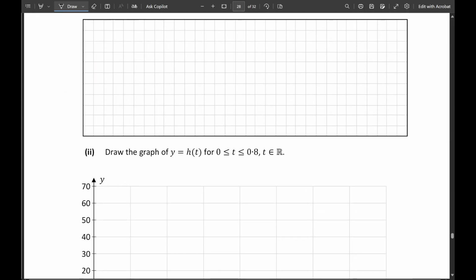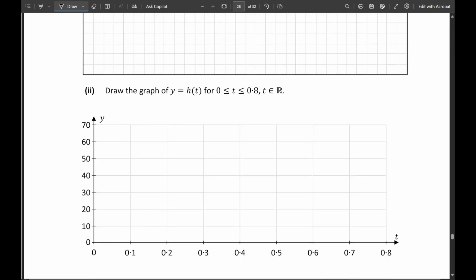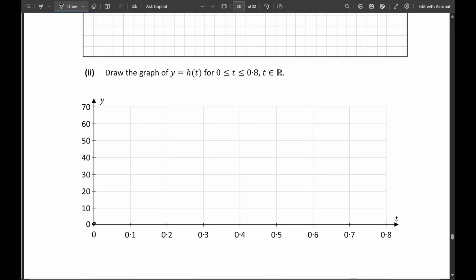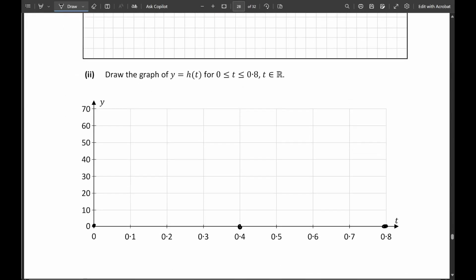Draw the graph of y equals h(t) between those two values. So what values are 0? So 0, 0.4, and 0.8. And then it'll just go 30, 60, 30. So 30, 60, 30, 30, 60, 30.